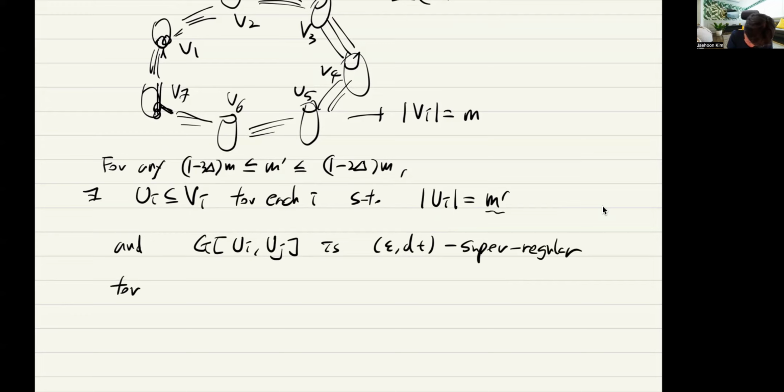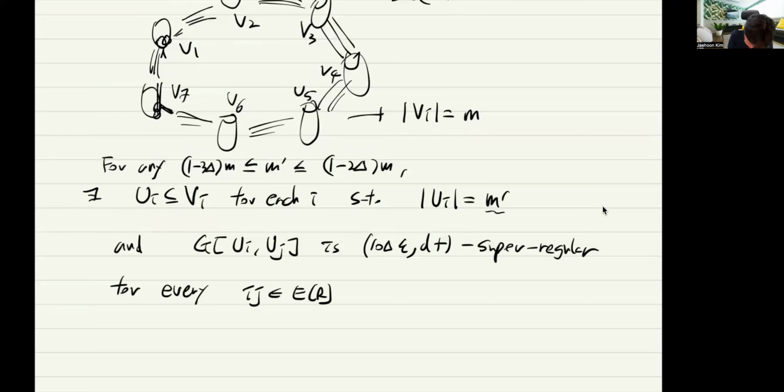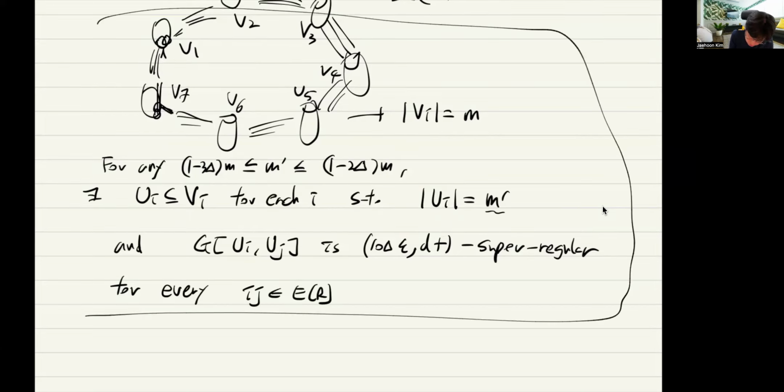So let's not say epsilon. It's getting worse, but say like 10 delta epsilon, d, for every ij in the reduced graph.